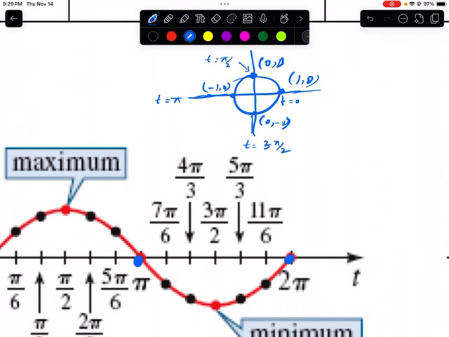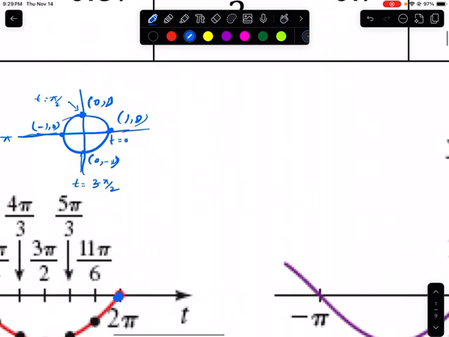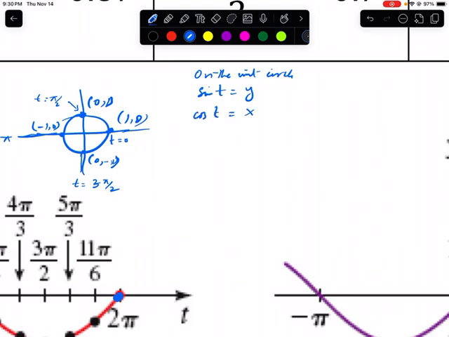So now if someone asks you what is the sine of 0, remember, sine is the y value. So sine of t is always going to be the y value on the unit circle. Sine of t is equal to y. Cosine of t will be equal to x.